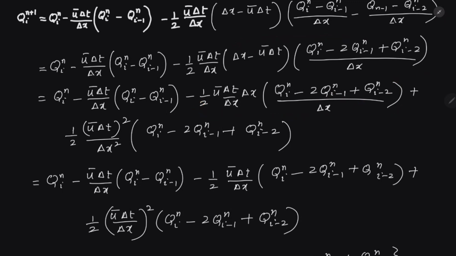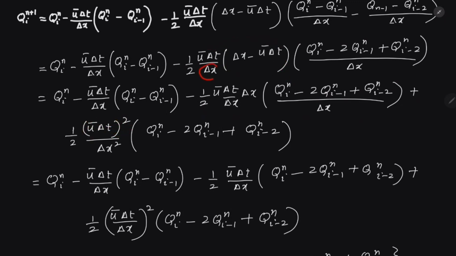Now we do the same for the second term. We multiply this term with u bar delta t, and minus minus becomes plus, so we have plus over here, and u bar delta t multiplied together becomes u bar delta t whole square.